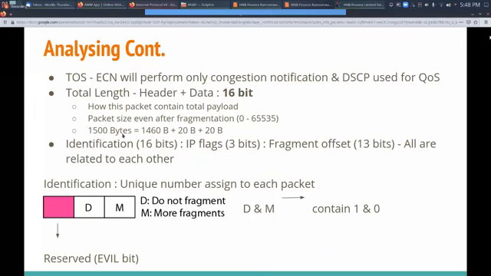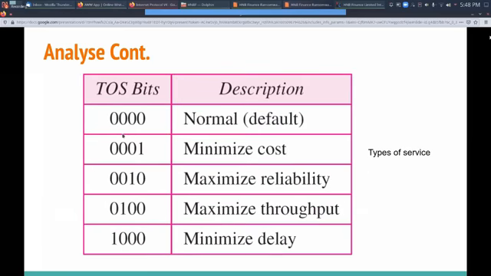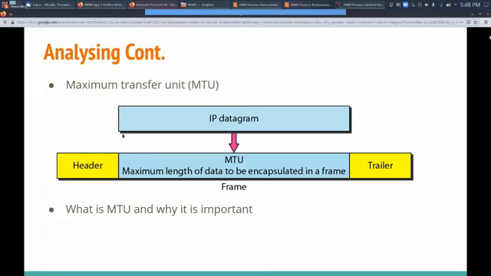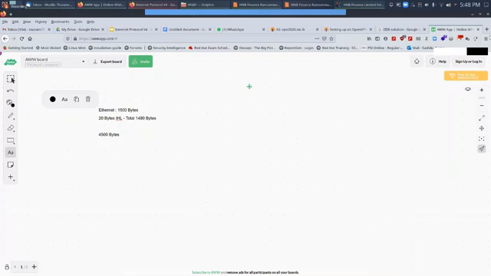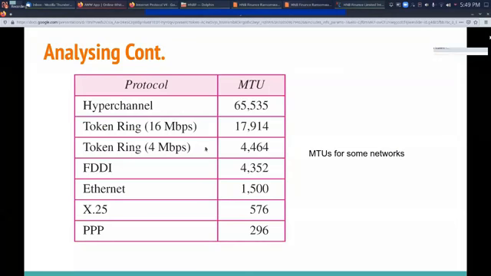The packet size that we can send through different channels will vary. These values are what we call MTUs, the maximum transmission unit.